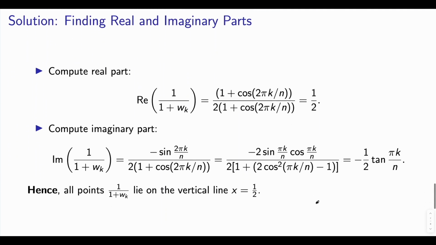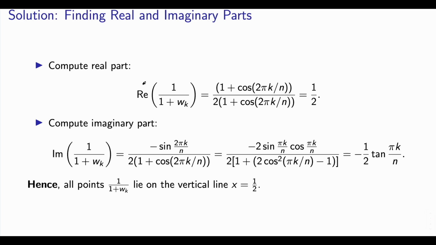So how do the real and imaginary parts look? The real part of 1 over 1 plus wk is nothing but this, and since 2 is taken out common from this denominator, they are going to get cancelled, and then we are going to get half. This is constant, right? And real part means x equal to half, right?